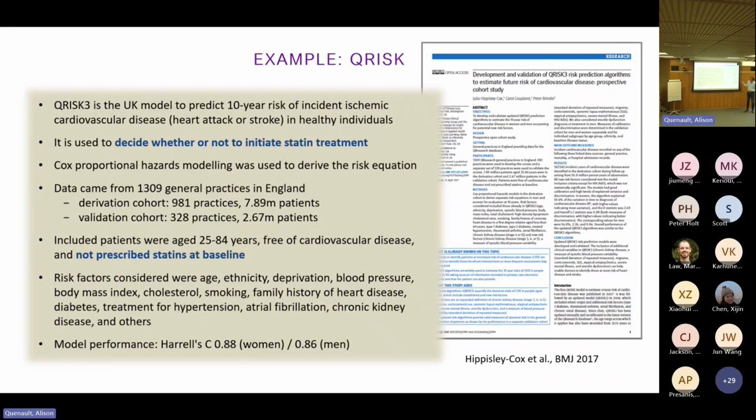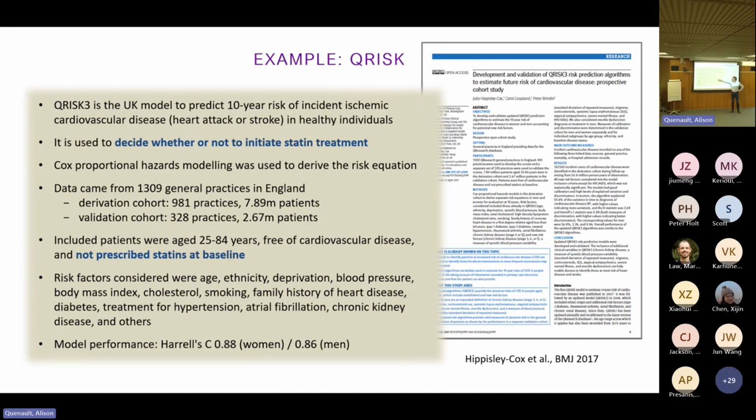So the team who developed the model used a proportional hazard modeling approach to derive the risk equation. Data came from general practices in England. There was a split between derivation and validation practices. People included were between 25 and 84 years of age, free of cardiovascular disease, so they never had a heart attack or stroke.